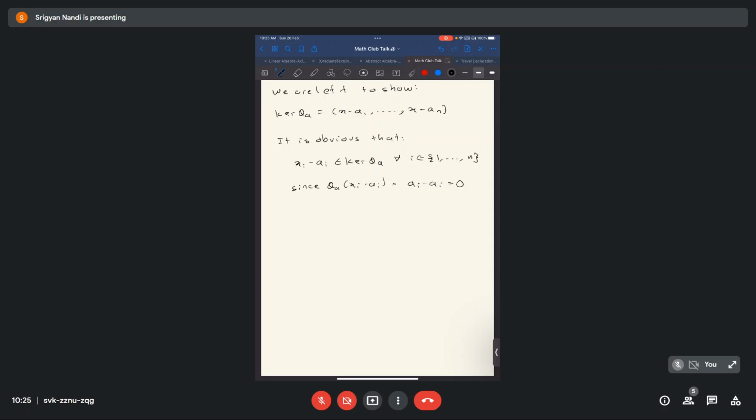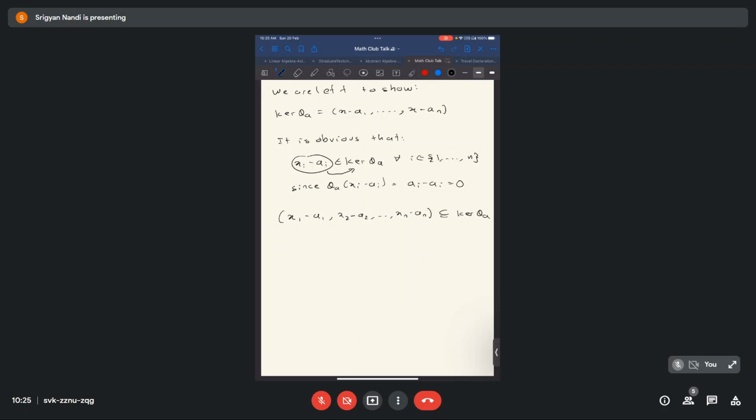So it belongs to the kernel. Since each of the polynomials of this form belongs to the kernel of theta A, we can conclude that the ideal generated by x1 minus a1, x2 minus a2, up to xn minus an will be contained in the kernel of theta A. So we have proved a one-way inclusion.